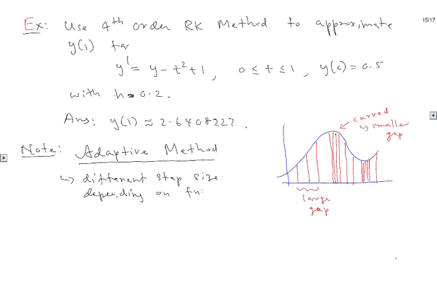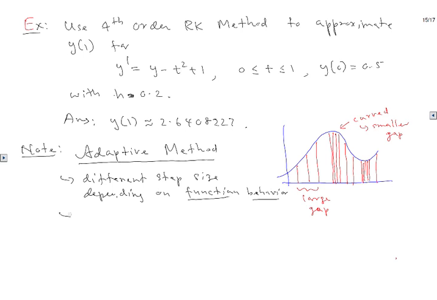Function behavior means that when the curve is more curved, we use more subintervals, or a smaller h. When it almost looks linear, we use few subintervals.